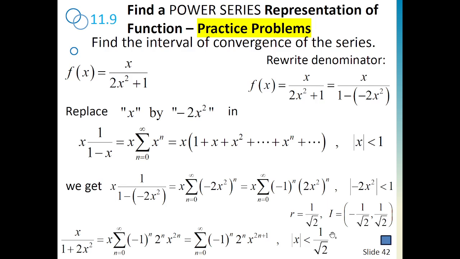And again, you see the interval of convergence is different here from our original case. So it's always important to replace the expression of x everywhere in the sum, in the general term, and in the expression for the interval of convergence.